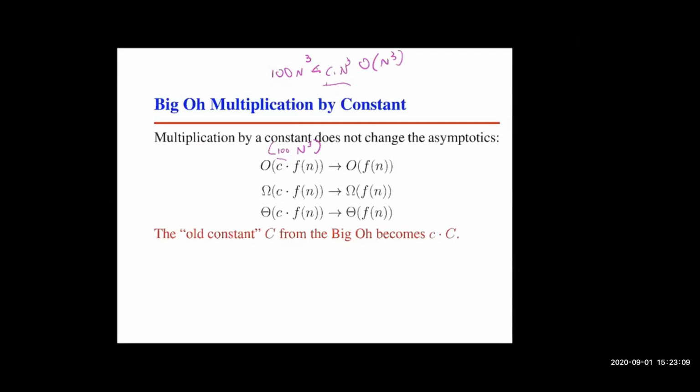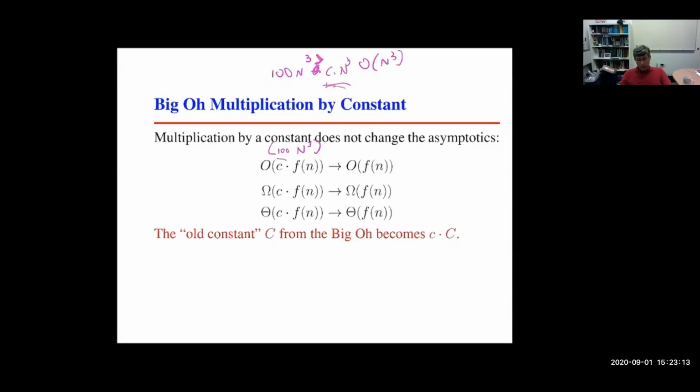And what about the other way? Is there a constant times n cubed such that we can make C n cubed less than 100 n cubed? What would be a constant for that? I'm hearing 99.